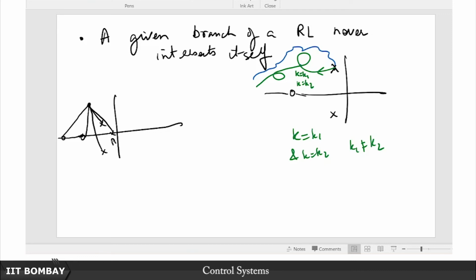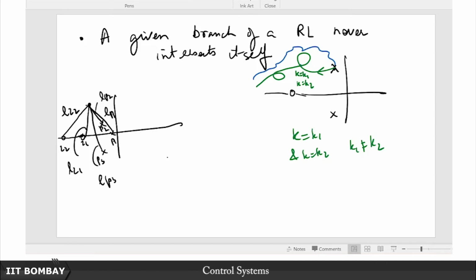If this is P1, this is P2, this is P3, we call these LP1, LP2, LP3, and this is Z1 and this is Z2, and we call these LZ1 and LZ2. So at this point, the value of the gain k is uniquely given by what?